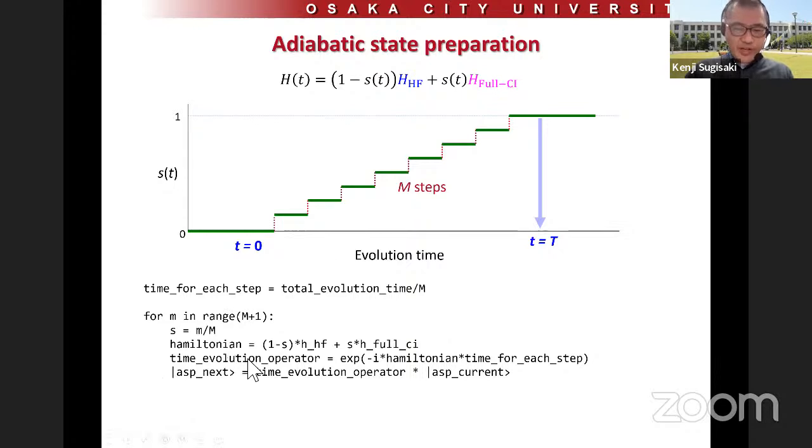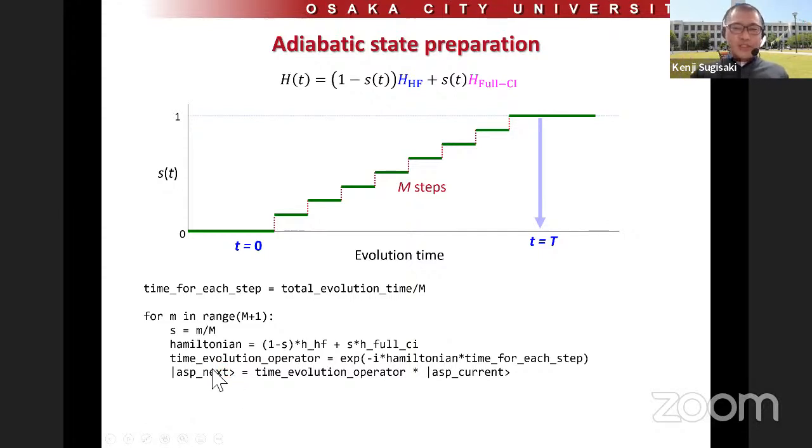And the time evolution operator can be defined as the exponential of minus i times the Hamiltonian times the time for each step. So if we have the current wave function, we apply this time evolution operator to generate the wave function for the next step.